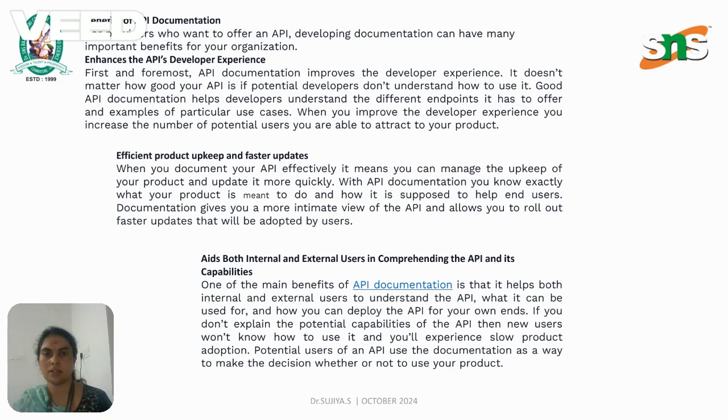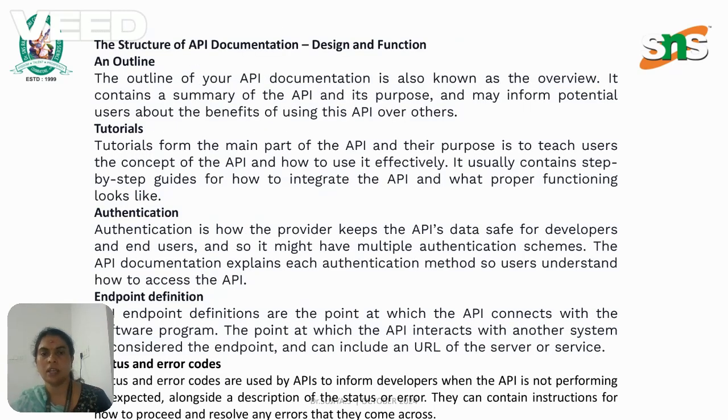The structure of API documentation, its design and function, is as follows: first the outline, next the tutorial, next the authentication, next the endpoint definition, and next the status and error codes. The outline is the general overview or summary of the API, and the tutorial tells about the main parts of the API and its purpose.